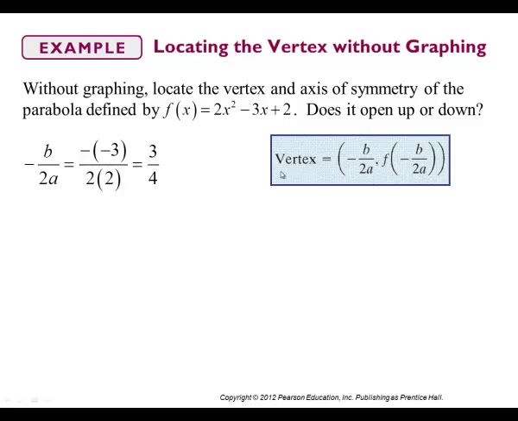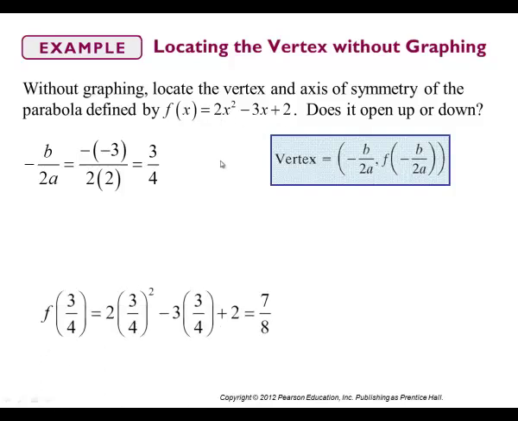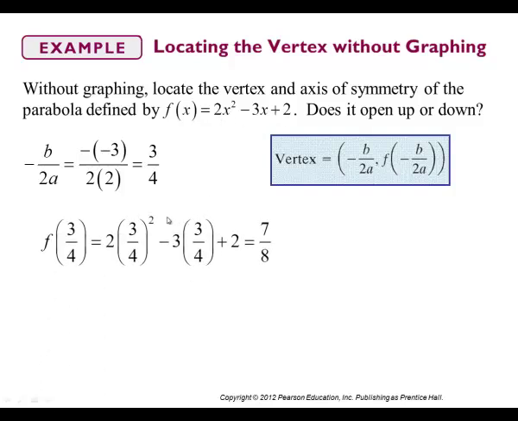Well, now we need to find the y-coordinate, so we've got to take this fraction and plug it back into x to get the y-coordinate. And so when we do that, we're going to get 7/8.